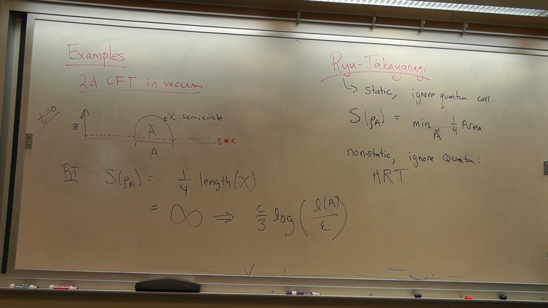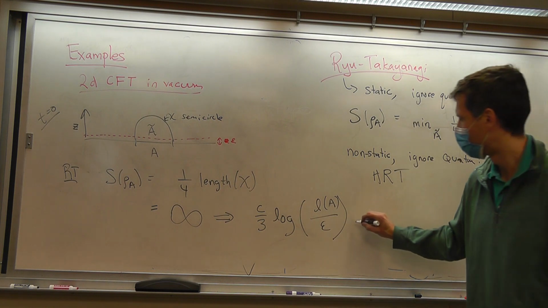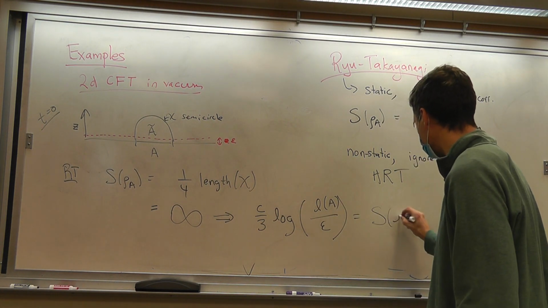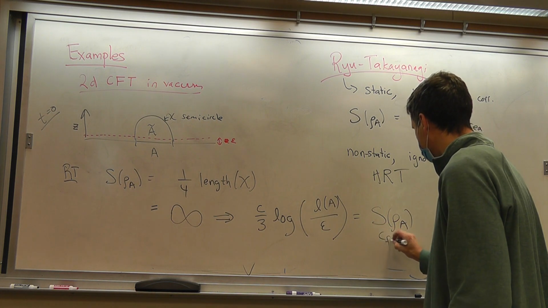That's the regulated length of that geodesic, where you have this geometric cutoff near the boundary. And in fact, that's exactly the Cardy-Calabrese formula that we derived before. So this is equal to S of rho A in CFT. Check.